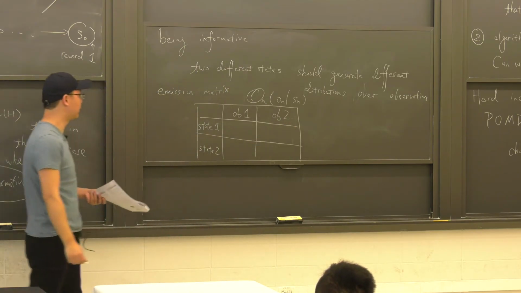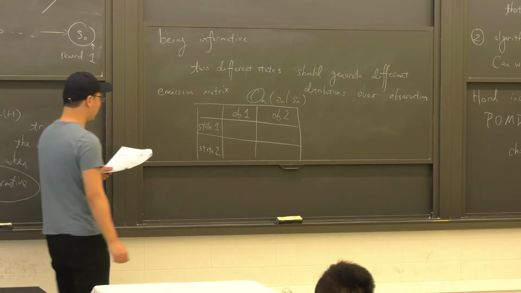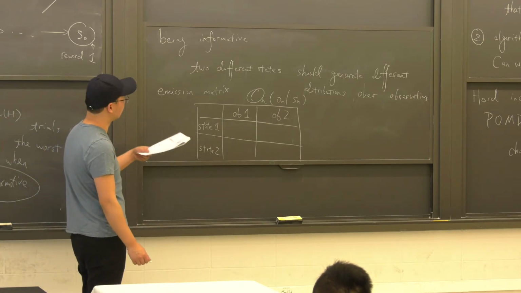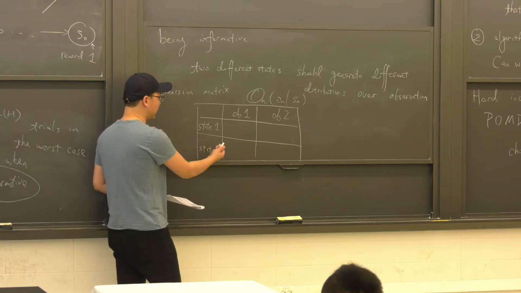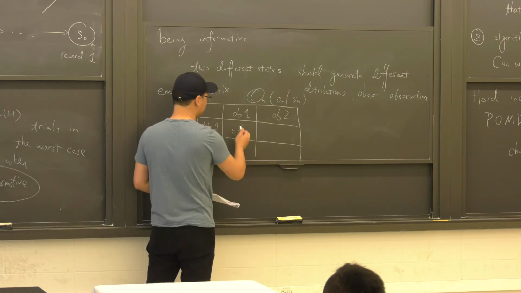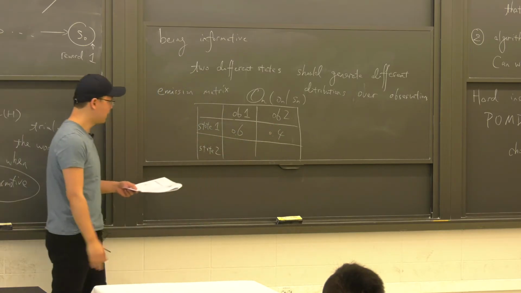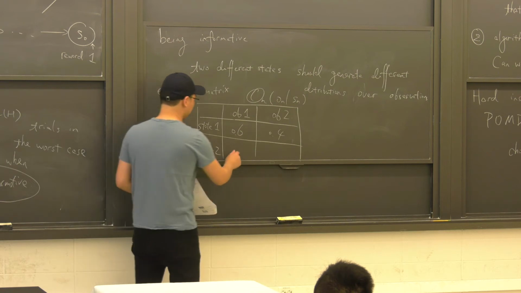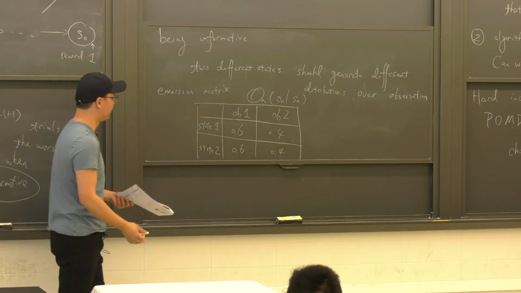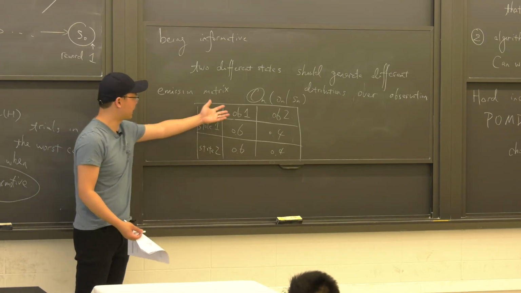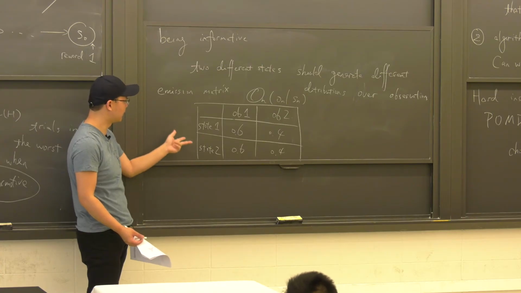So this is an emission matrix with only two observations and two states. And what is an uninformative emission? For example, when we are at state 1, we have 0.6 probability to get the first observation, 0.4 probability to get the second observation. And if at state 2, we also have essentially the same distribution, then this just becomes uninformative. This essentially says, by looking at the observation, I cannot really tell. Even with an infinite number of observations, I cannot really tell whether I'm at state 1 or state 2.